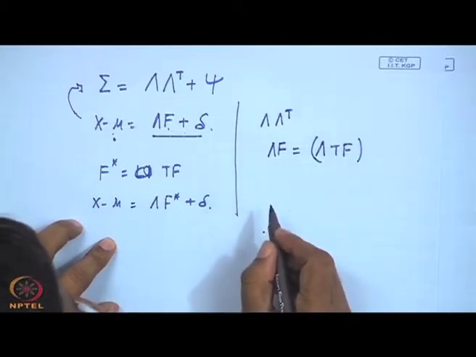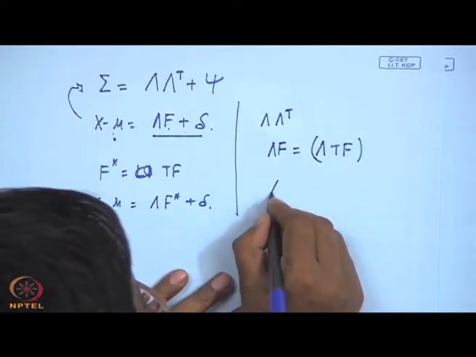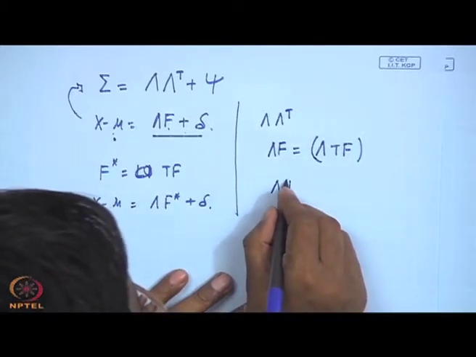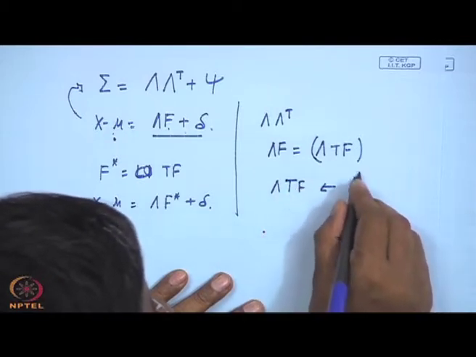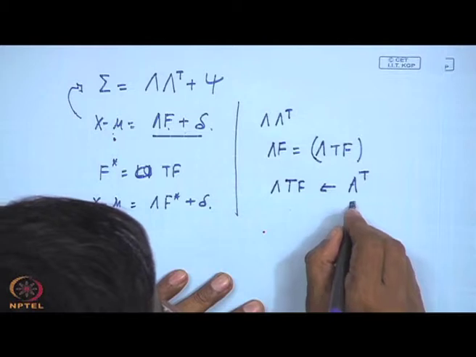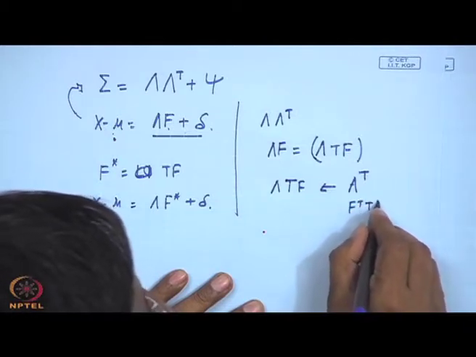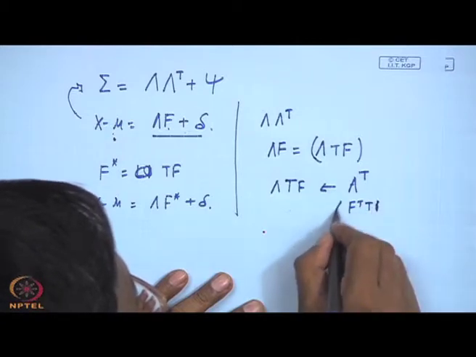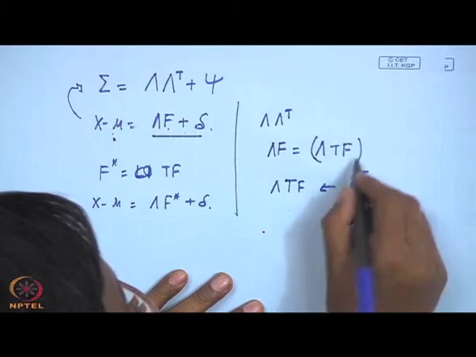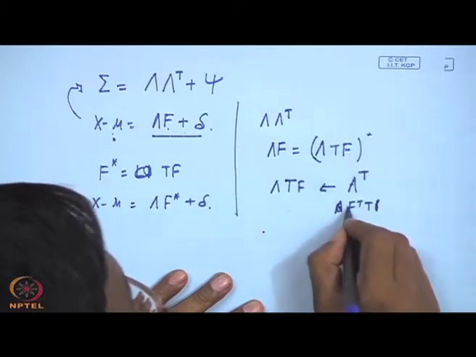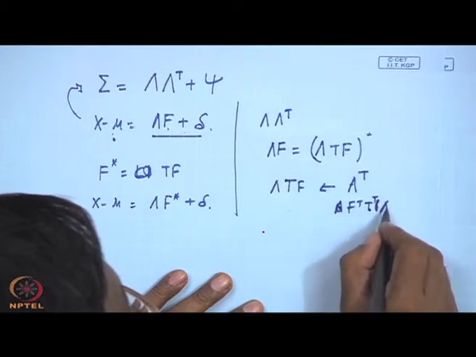Then what I can write, you can give some other symbol, lambda T f, and this side it is coming lambda T f transpose, that will be f transpose T transpose lambda transpose.